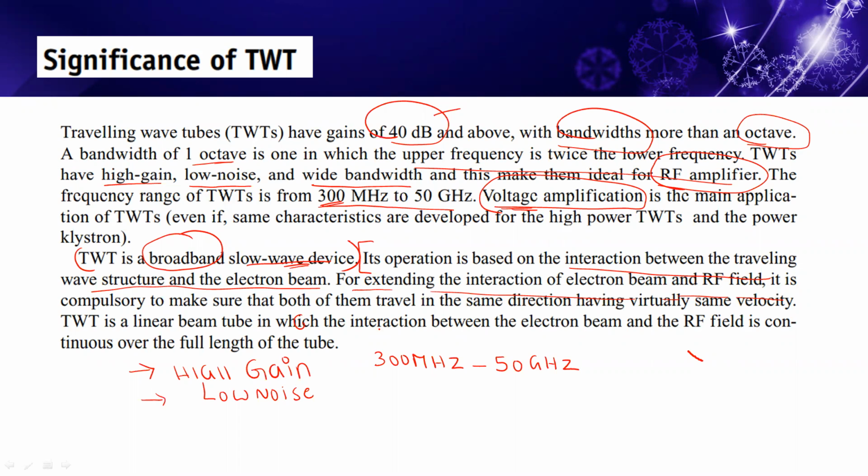The interaction between this RF field and the moving electron beam will take place only when the RF field is retarded by some means. Normally, slow wave structures are utilized to retard the RF field. Clear? Here the RF field is retarded. That's why they are called slow wave structures.